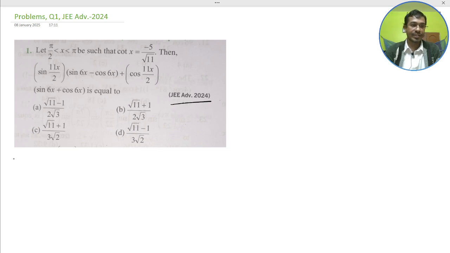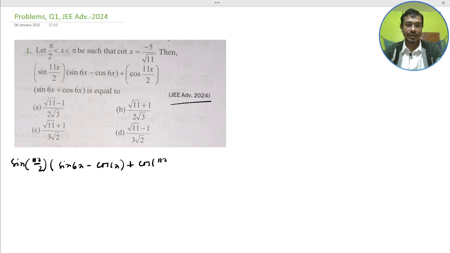So first of all we just write sin 11x by 2 into (sin 6x minus cos 6x) plus cos 11x by 2 into (sin 6x plus cos 6x). You have to find this.